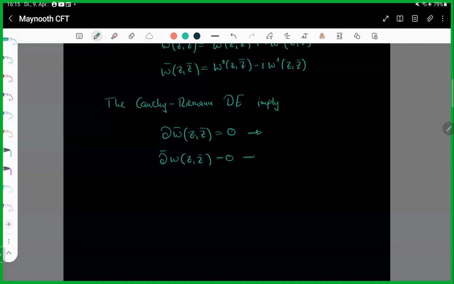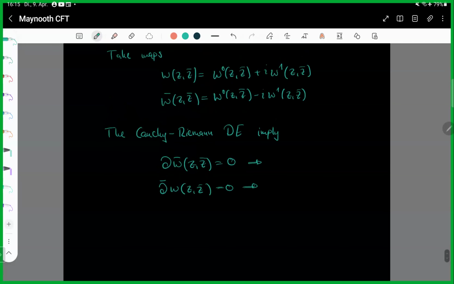But this is important. Even though we set out with W bar as a function of Z and Z bar, if it is anti-holomorphic, it is only a function of Z bar.